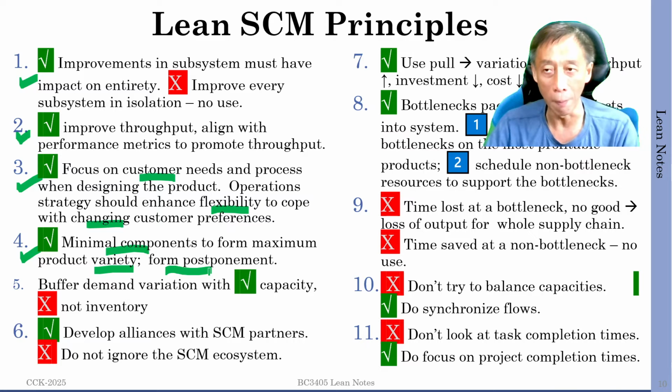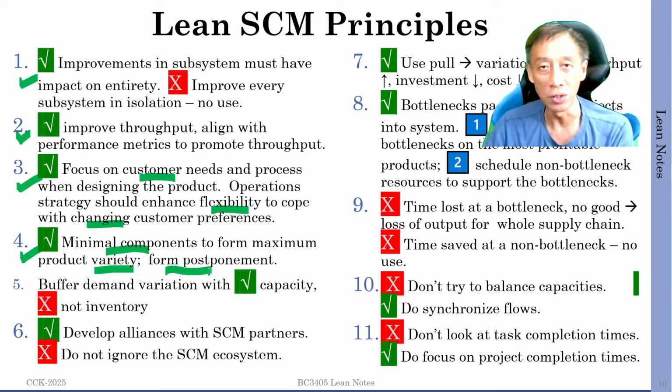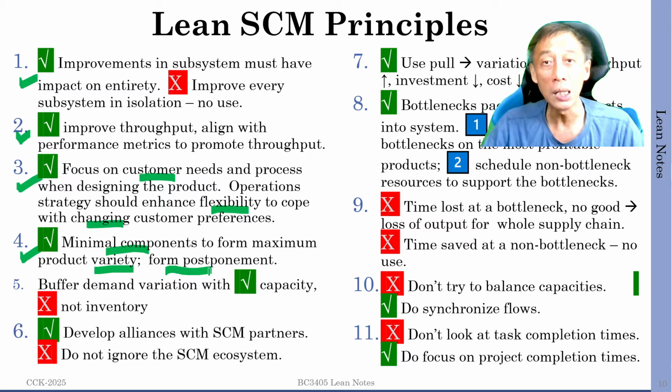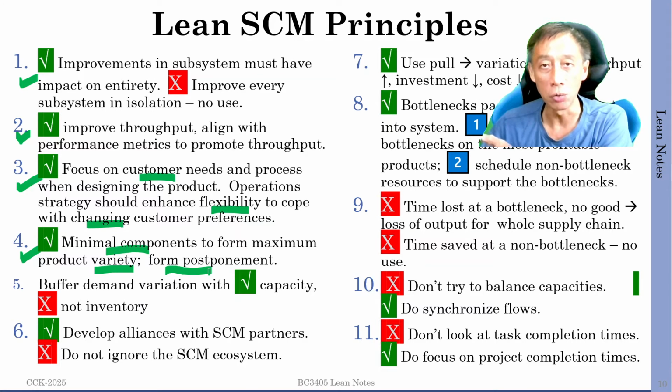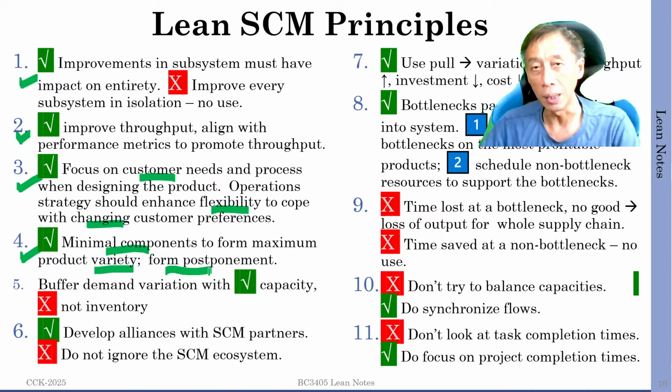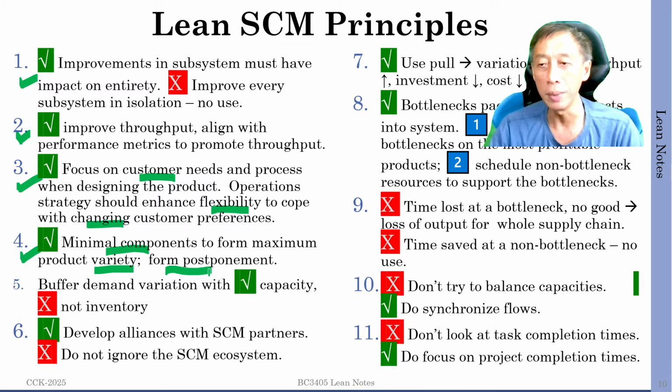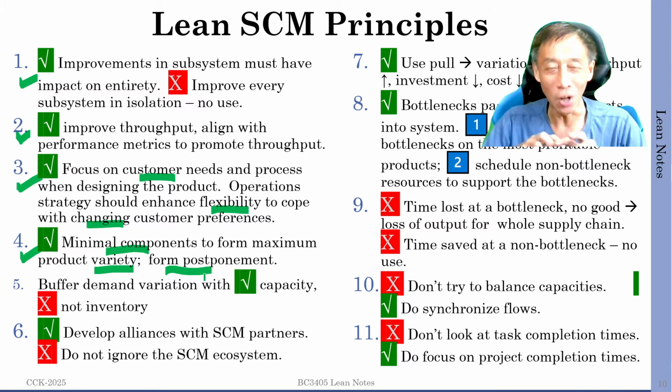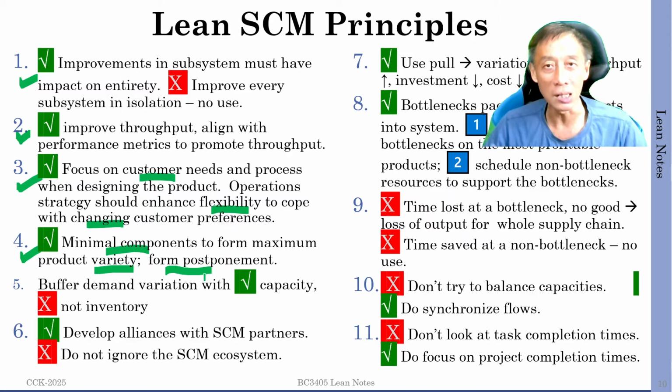But due to the minor component differences, the whole product cannot be redistributed to another locality. But then if they practice form postponement, then component parts, they are separated, they are not packaged until the final quantity demand is ascertained.